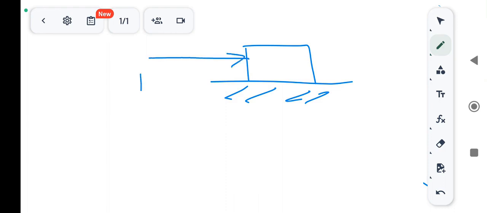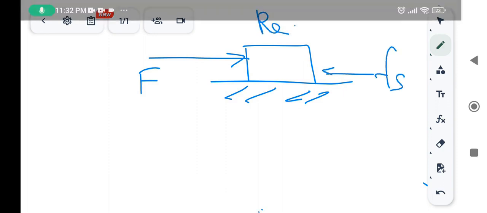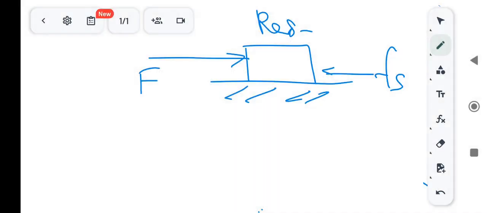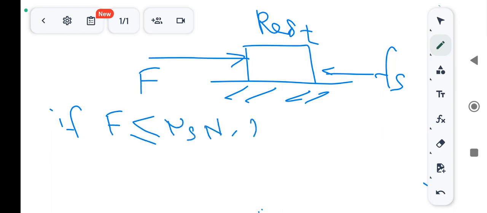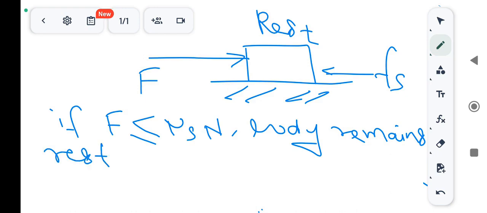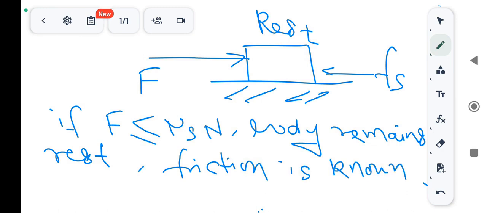When there is an external force applied on the body, and this is the static friction fs, the body is at rest. If the external force F is less than or equal to mu s multiplied by N, the body remains at rest, and the friction is known as static.